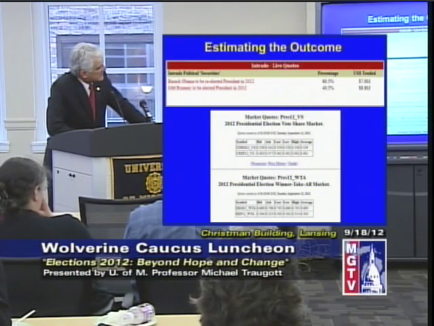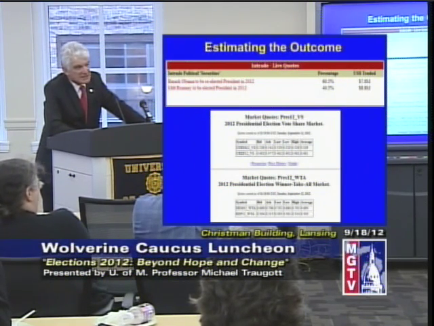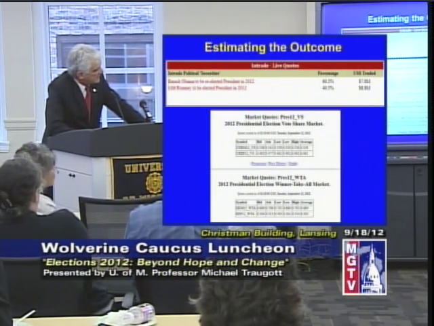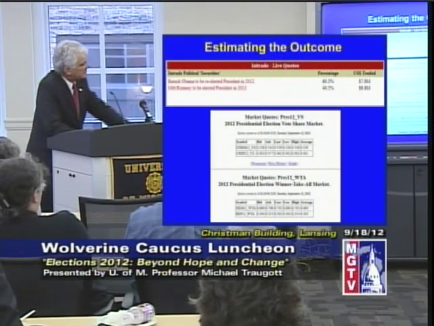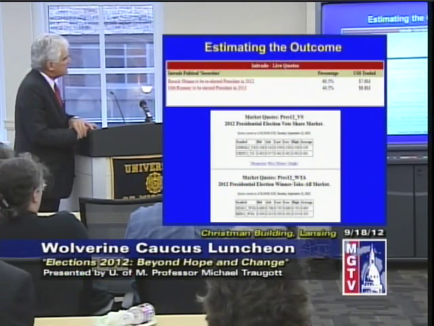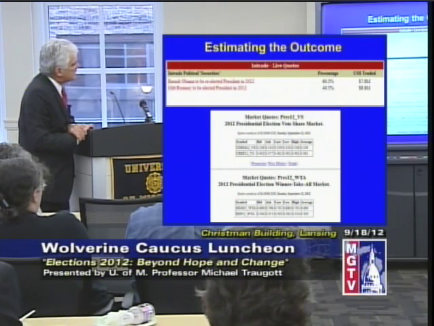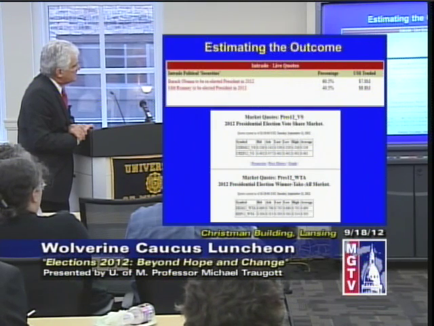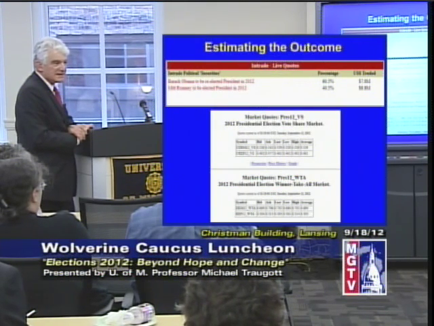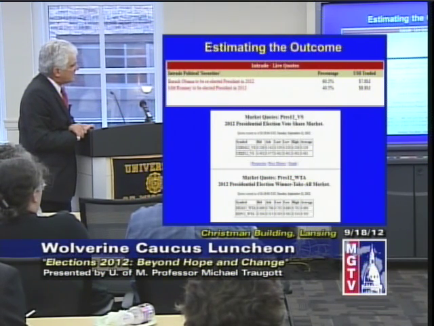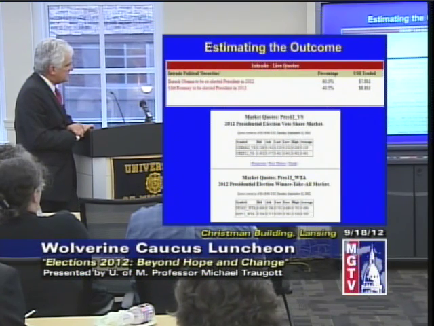And you can see that based upon the shares that are bought in Obama or in Mitt Romney, it's 60.5% for Barack Obama, and there's been $7.9 million on him. It's about evenly divided, but 60-40 is a pretty good difference.